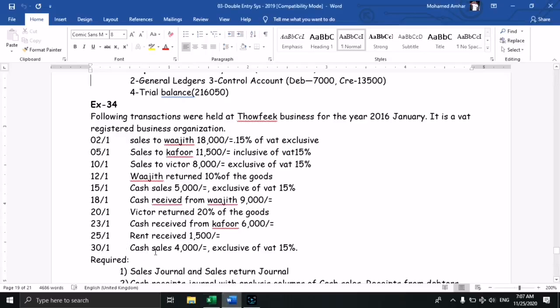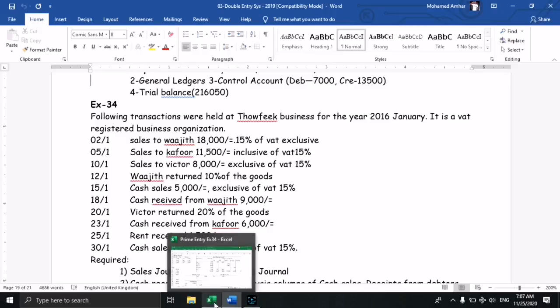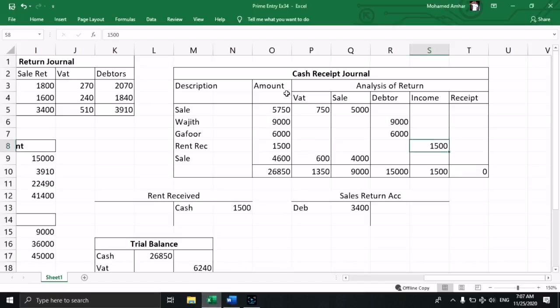Then date is 30. Cash sales 4,000 exclusive of VAT 15%. So you have to calculate 15% of 4,000 and record it in the cash receipt journal. Sales is 4,000.